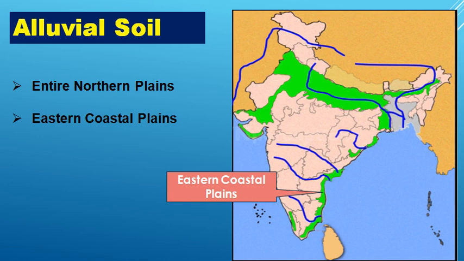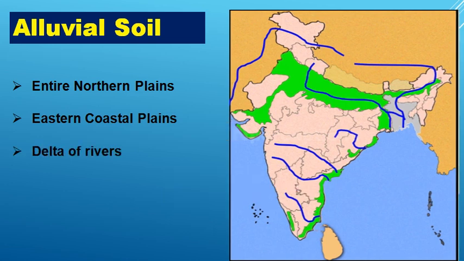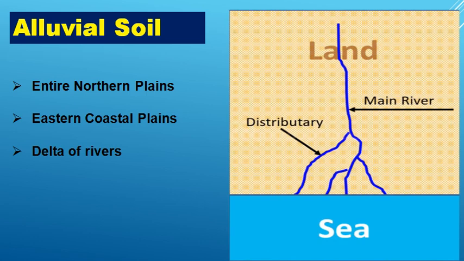Then it is the eastern coastal plain. Then it is the deltas of rivers such as Mahanadi, Godavari, Krishna, Kaveri. Now when I say delta, deltas are at the mouth of rivers, the ending part of the rivers.